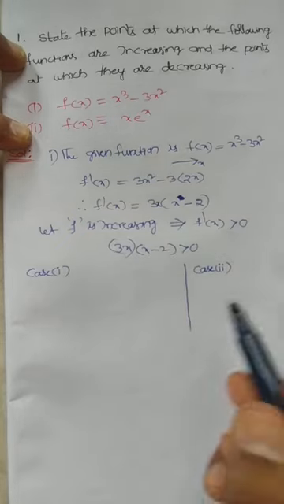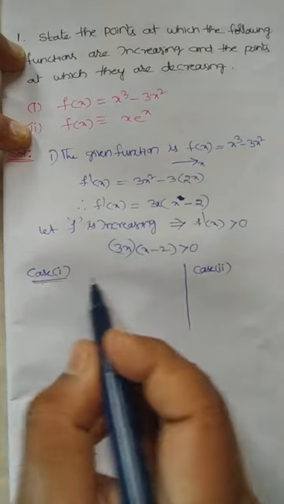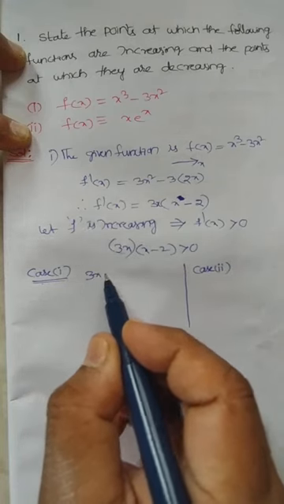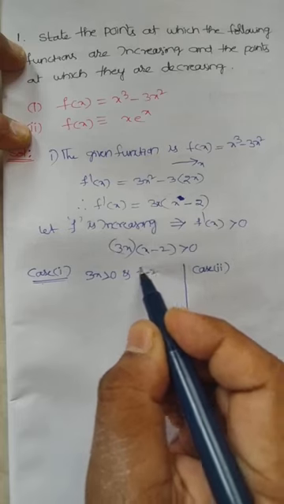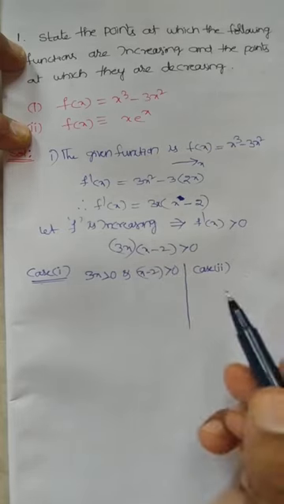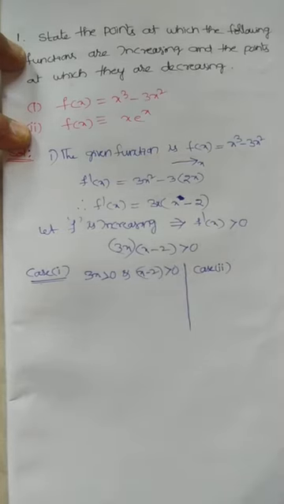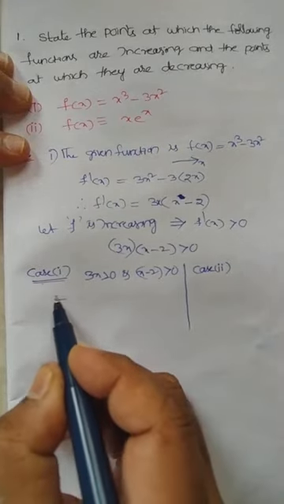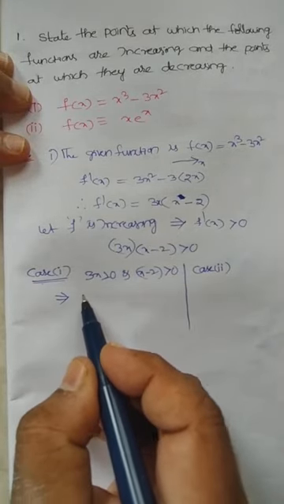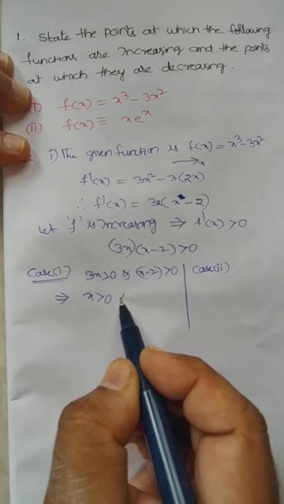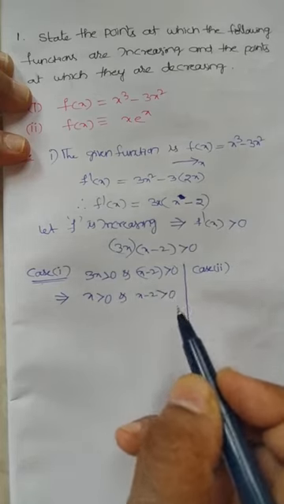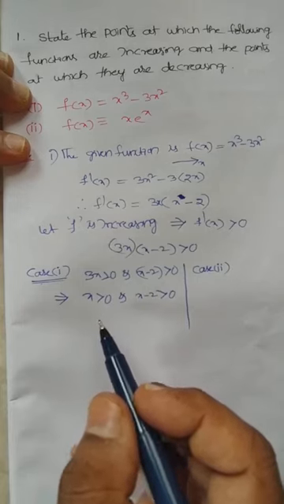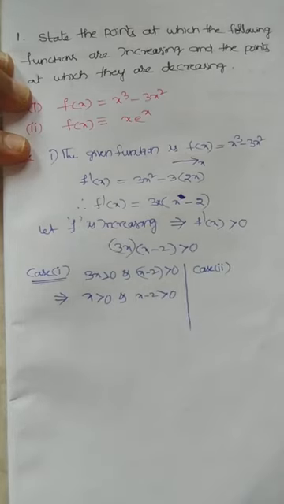So how many cases do we have here? Two cases. In the first case, 3x is positive and x minus 2 is positive. It obeys the above rule. That implies 3x is positive, which means x is positive here, and x minus 2 is greater than 0. So we are going to draw a graph for this function.